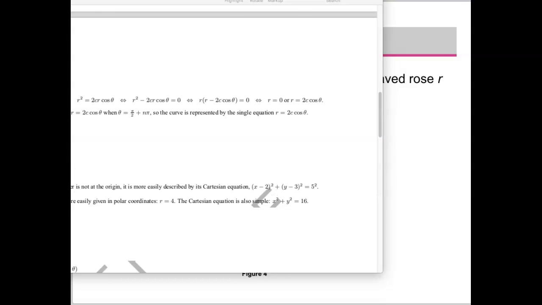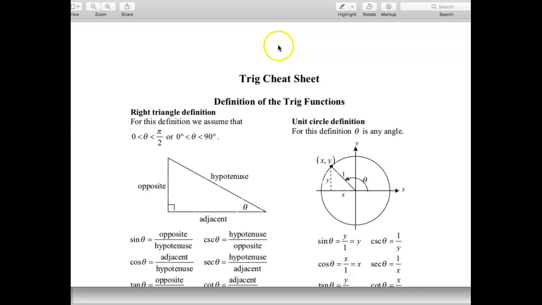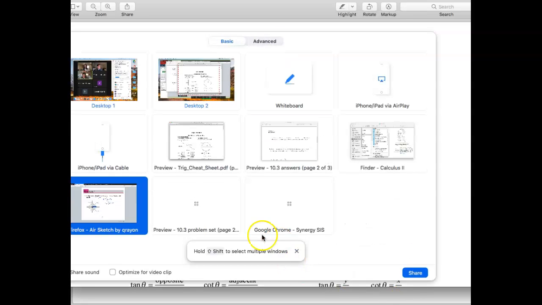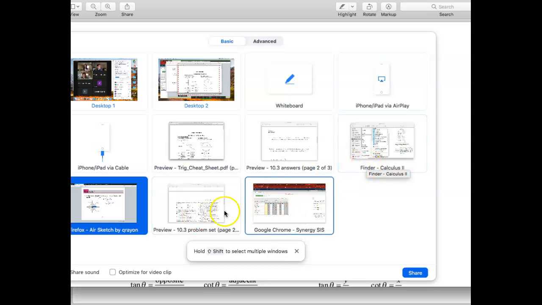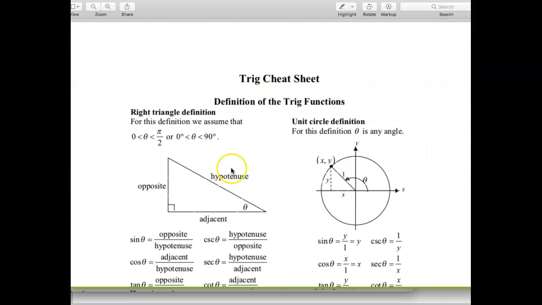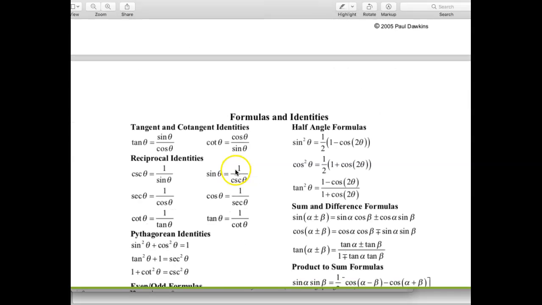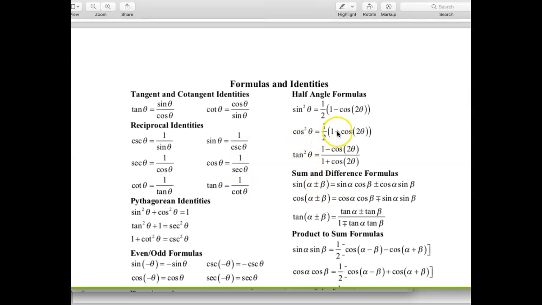All right, well, if we are integrating cosine squared 2 theta, we do have a trig identity that we can use to simplify that. Here's our trig cheat sheet. So I'm going to use this half angle formula, which is cosine squared theta is equal to 1/2 times 1 plus cosine 2 theta. So I have to double the angle when I'm converting from the left-hand side to the right-hand side.